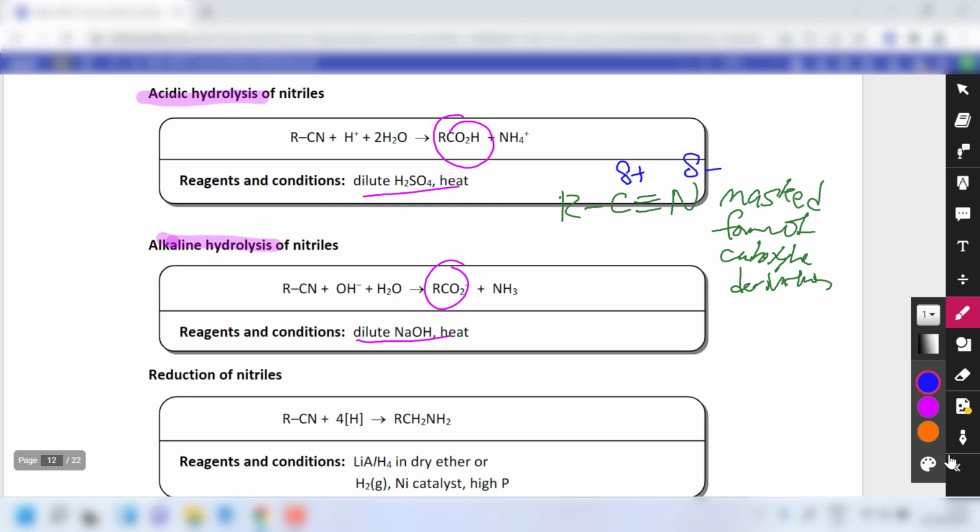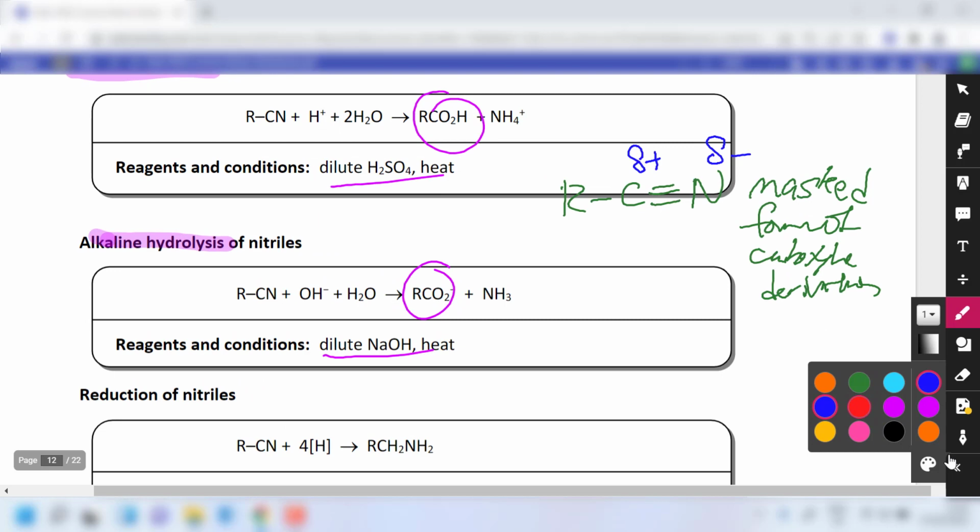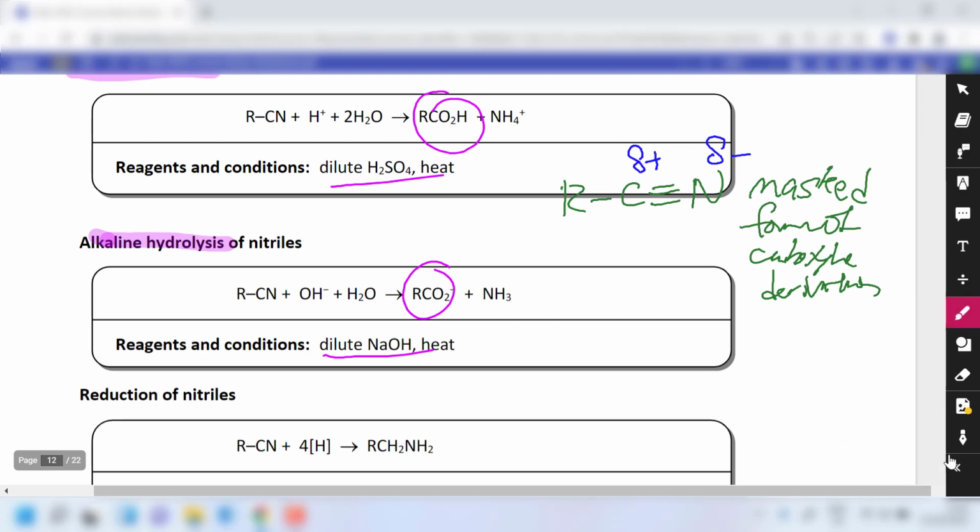You do not need to know the acidic hydrolysis mechanism for H2, but for H3 it will be important for you to try to work out its mechanism. Let me give you a little bit of hints. For those of you taking H3, why is it that we need to do it under acidic condition? It's because the first step involves the protonation of the nitrogen in the nitrile.